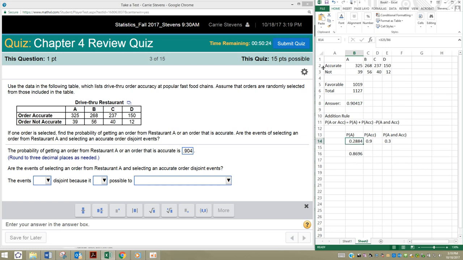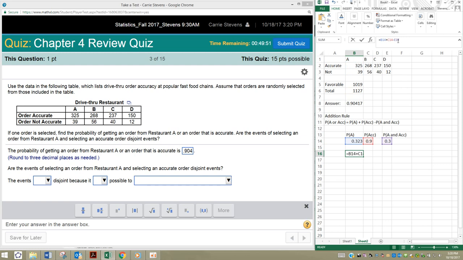Maybe I had it reversed. Oh, I know, because this is supposed to be all the people, all the restaurant A people, not just the ones that are overlapping. So I really should have been adding up everybody in that. So that should have been the sum of the restaurant A people divided by the total.